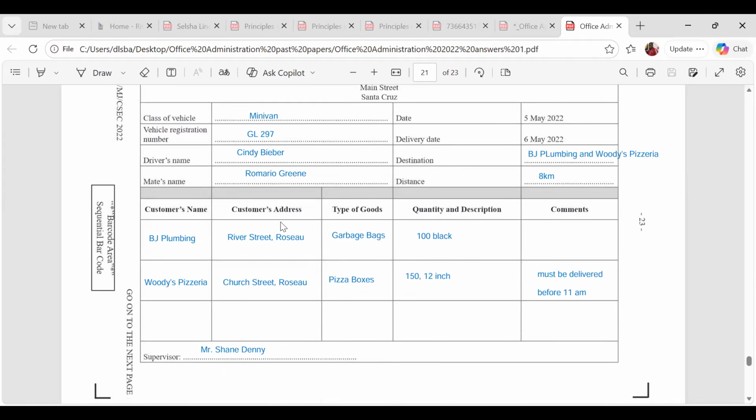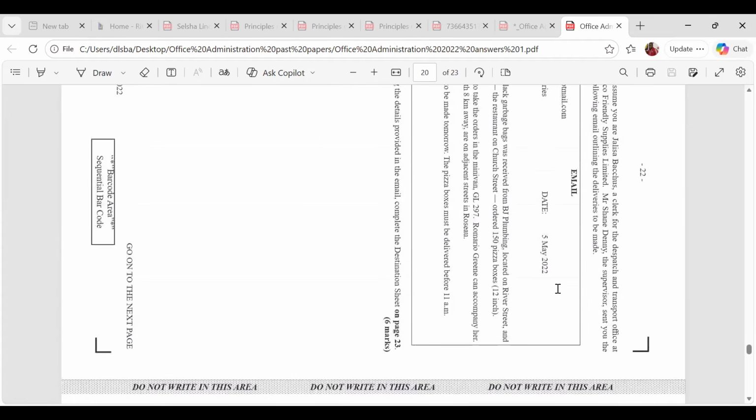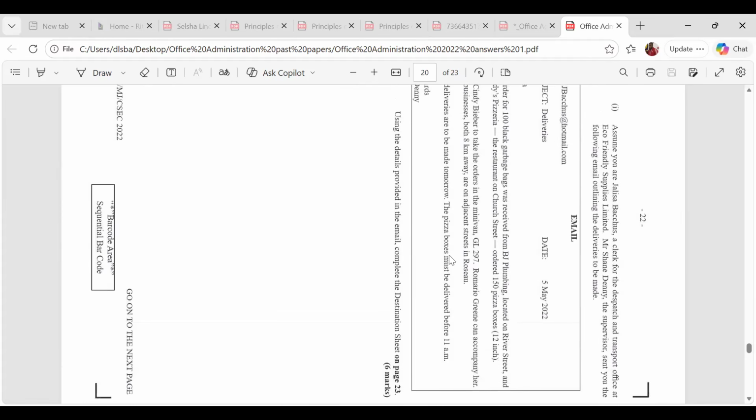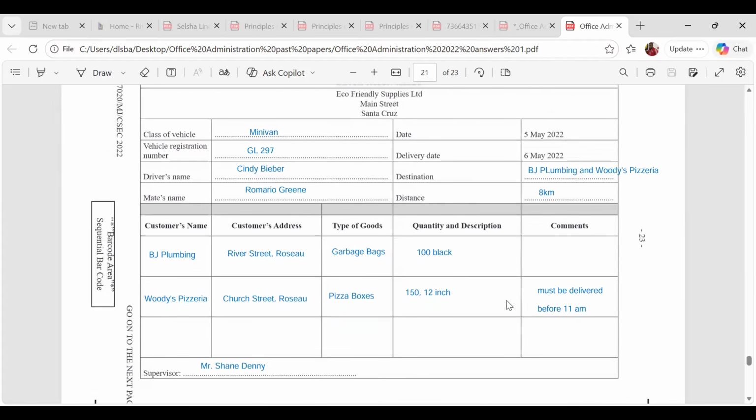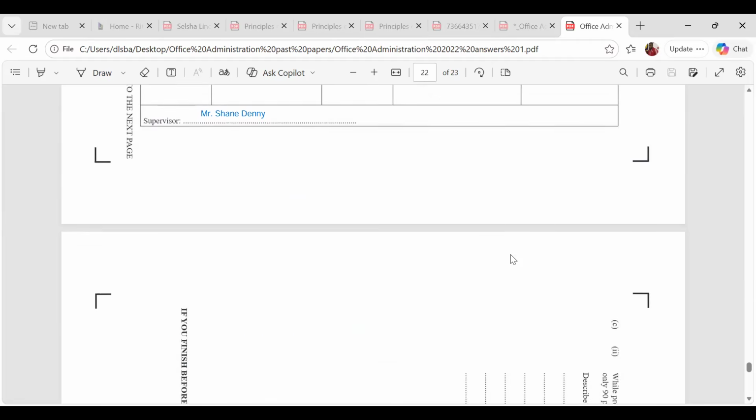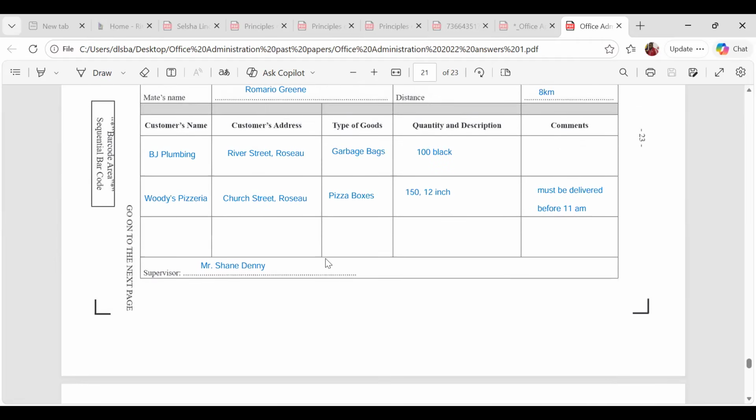And all I put in here is exactly what the heading says: customer name, customer address, type of goods. You put the name, the address, what is being delivered, how much of it, and if it had any comments. So one of them, they said the pizza boxes must be delivered before 11 a.m. So it had a special scenario with that one, so you put that in the comments. The BJ plumber didn't have anything like that.